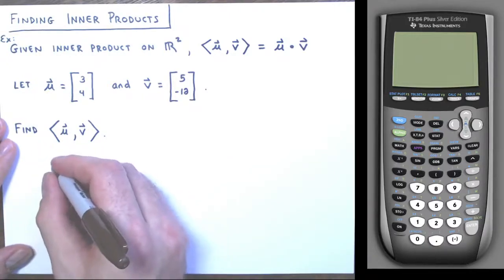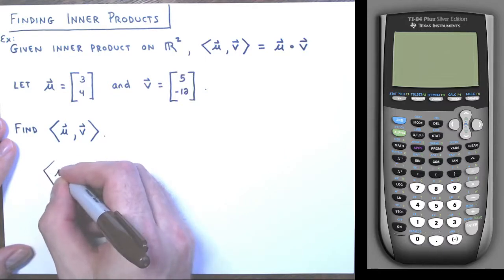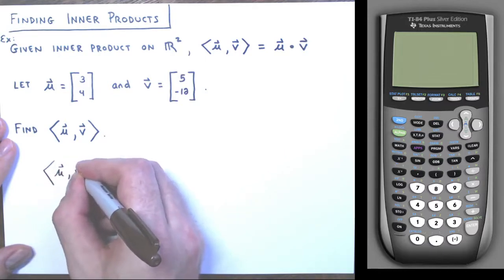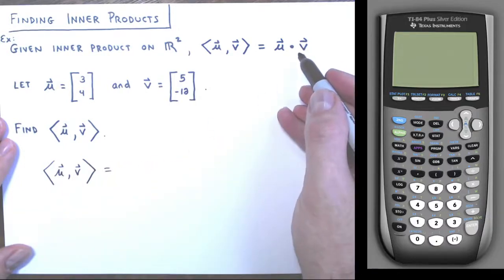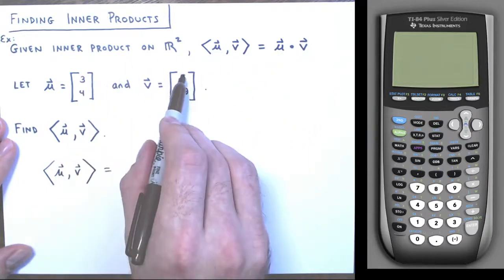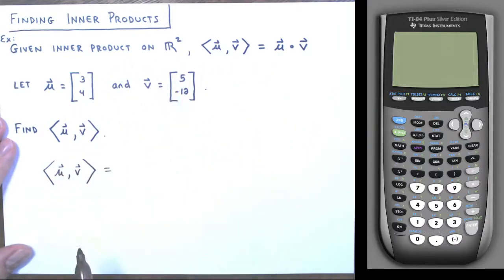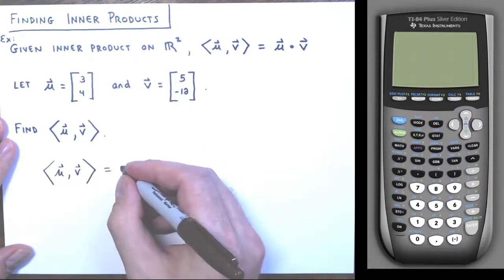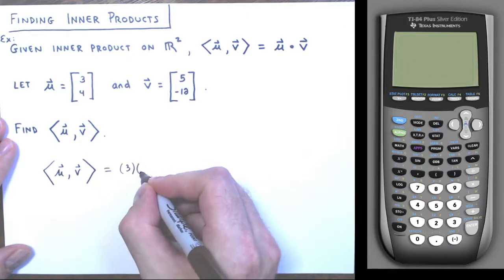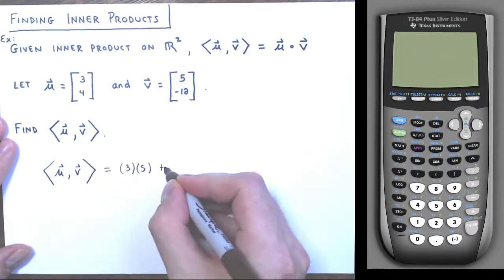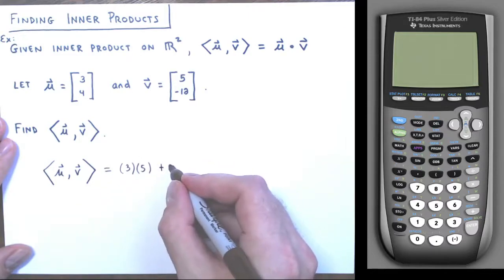The inner product of u and v is simply the dot product of u and v. Now the dot product was simple: I multiply corresponding components and then add those products. So it's the product of the first components, 3 times 5, plus the product of the second components, 4 times negative 12.